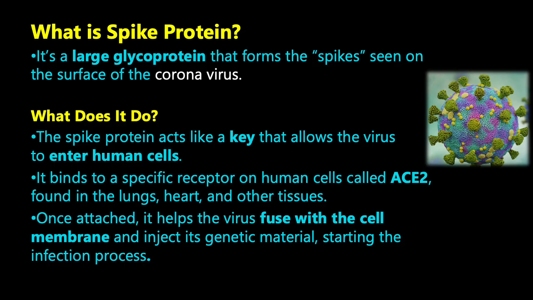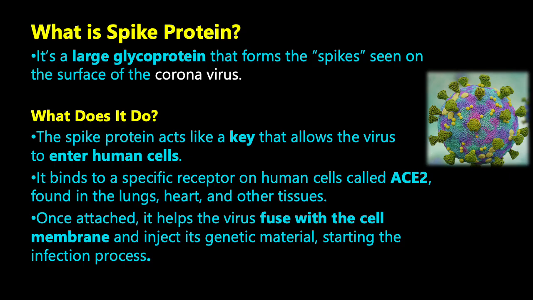We can think of the spike proteins like a key, and our cells are like locked doors. Our cells are protected by the lock, and the virus is outside the cell. On the surface of some of our cells, especially in the lungs and the heart, there are special locks called the ACE2 receptors.